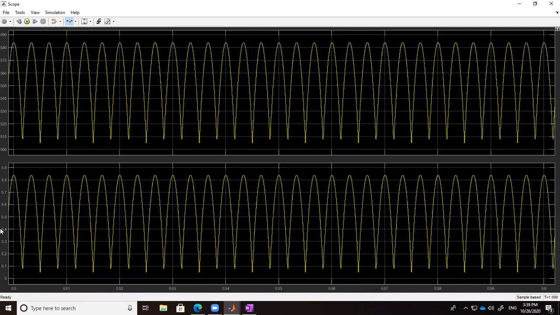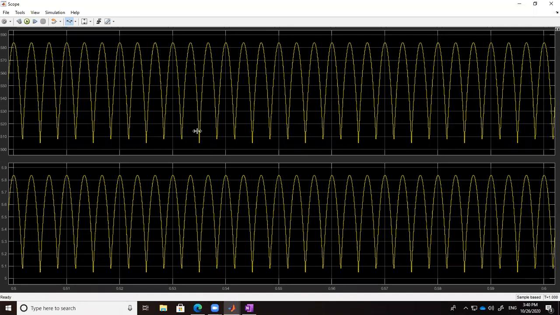As I said, I have used a 100 ohm resistor. So whatever the voltage is, the same will be divided by 100. Now what was the line to line voltage? Can you tell me? In our case, we have taken 415 line to line, right?